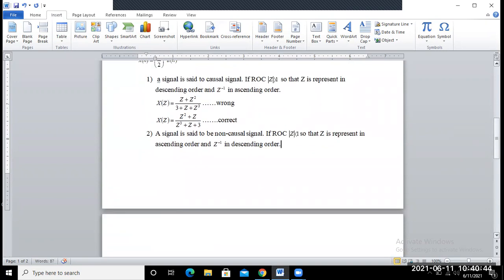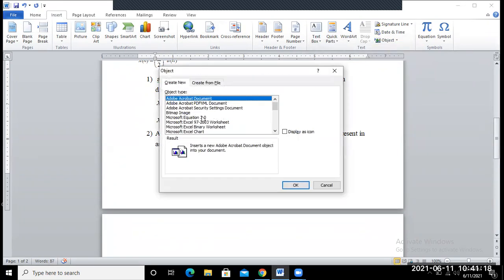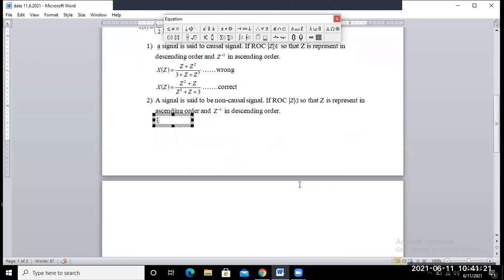One example here also: X(z) equal to z square plus z plus 1 divided by z to the power 4 plus 2.